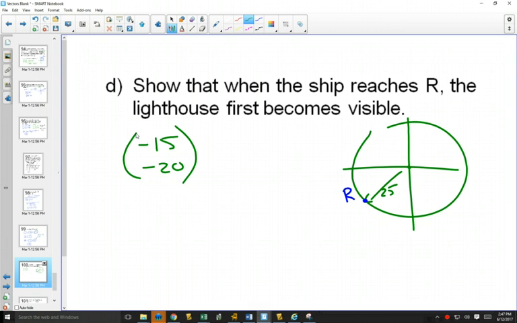The way that we would figure that out is just to find our magnitude of R, 15 squared plus 20 squared.